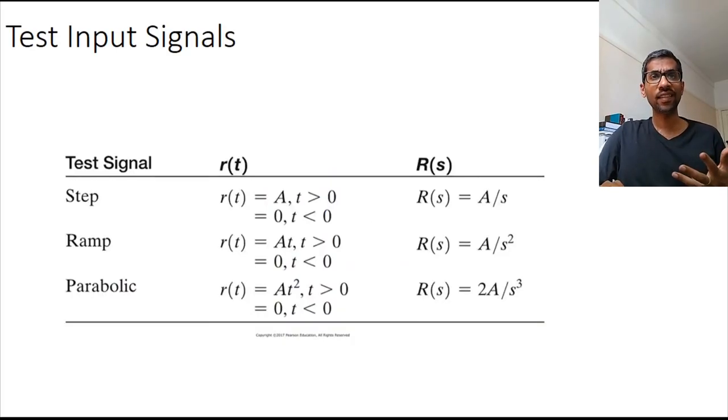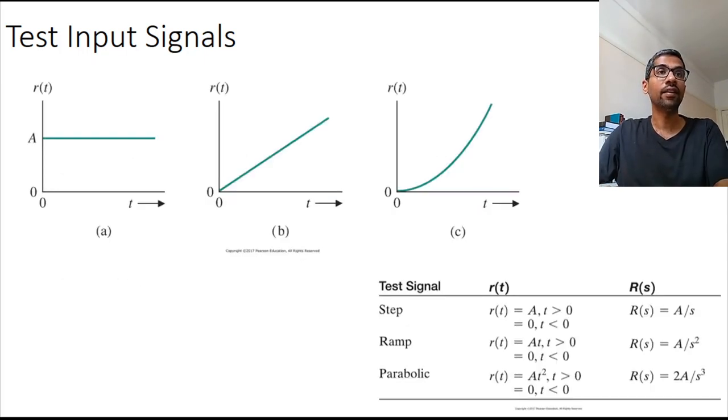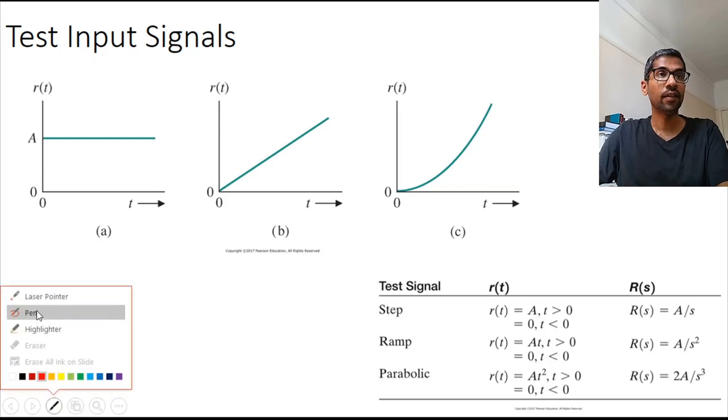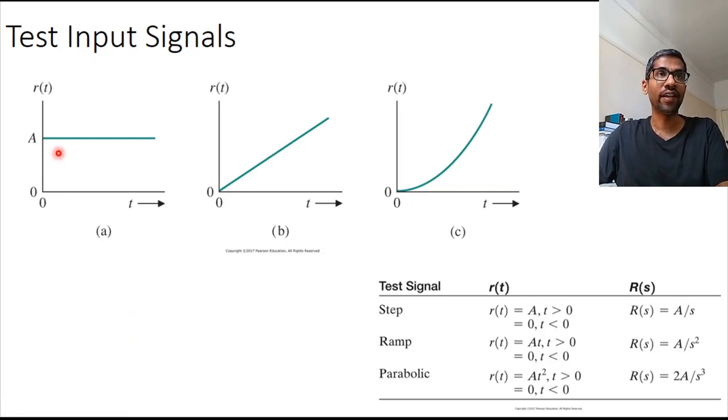So the basic test signals that we use are the step, the ramp, and the parabolic signals. They are defined mathematically here, and I've drawn diagrams for that here. So a step input is an input which goes to a constant value at time 0 and remains there for all time.